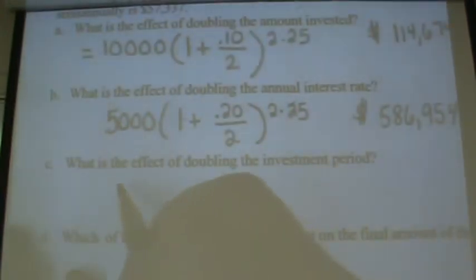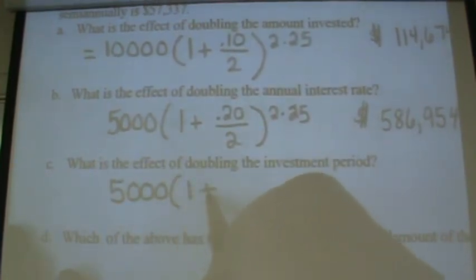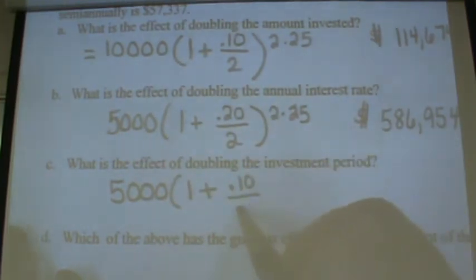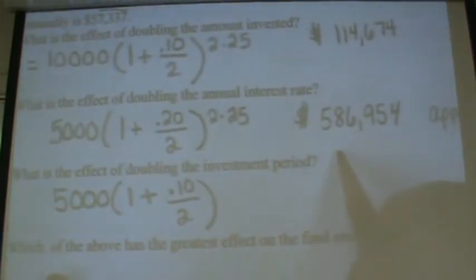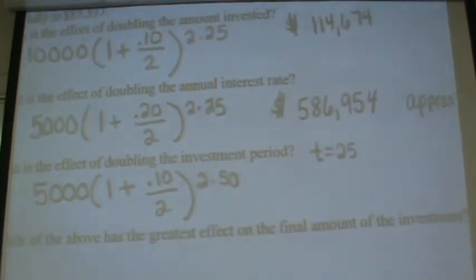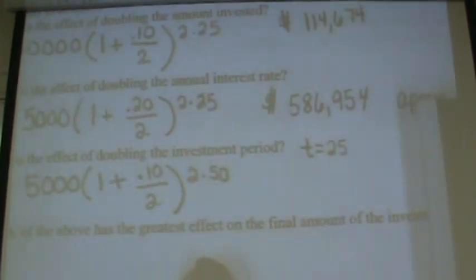So now we're going to take 5,000. We're going to go back to the 10%. But instead of T being 25, doubling that is 50. So 2 times 50. 657,000.